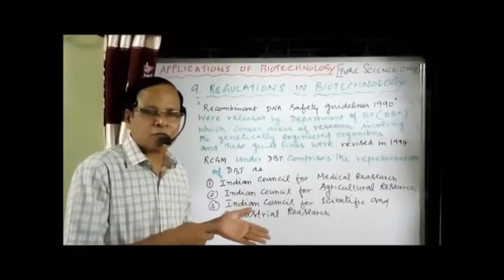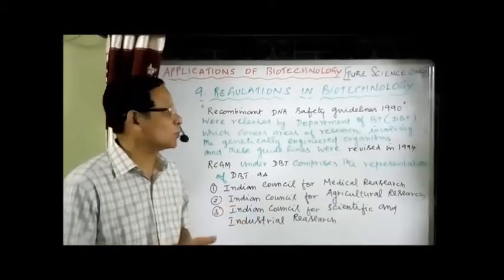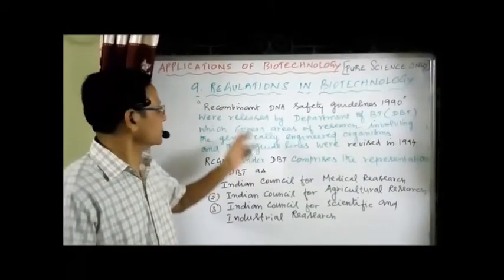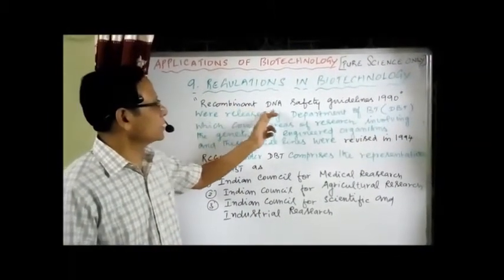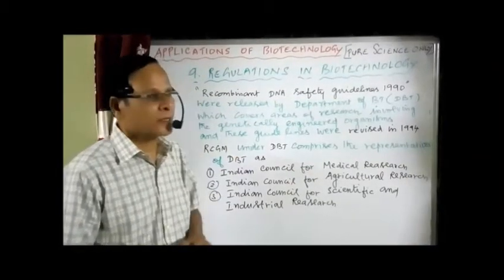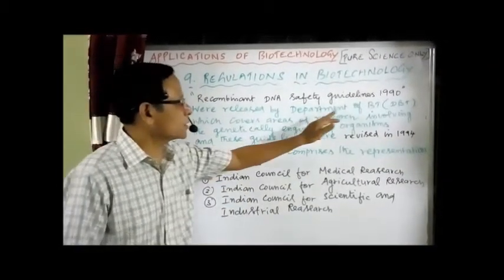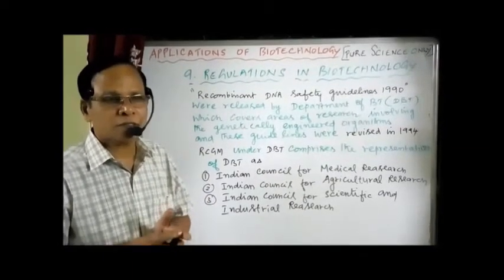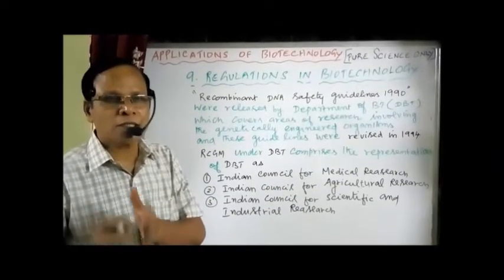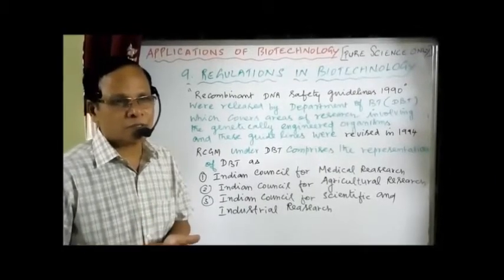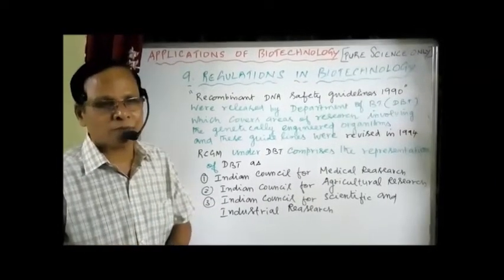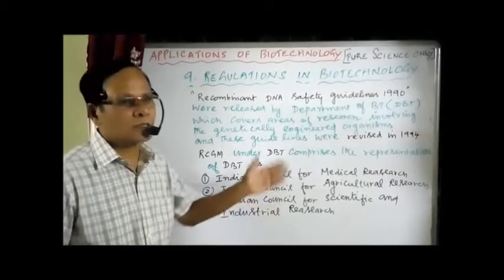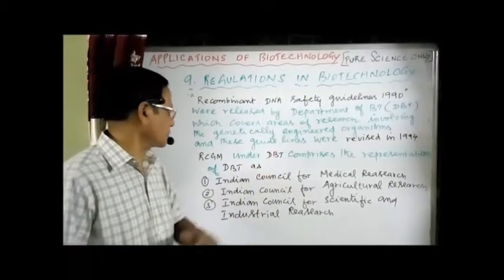These guidelines were revised in 1994. So this is the publication, Recombinant DNA Safety Guidelines 1990, published by the Department of Biotechnology. It covers the areas of research related to genetically engineered or genetically modified organisms, and these guidelines were revised in 1994.